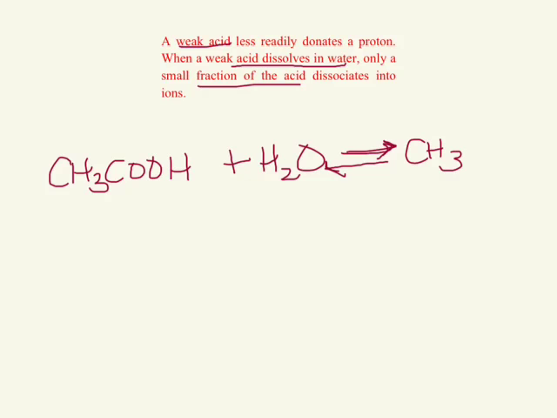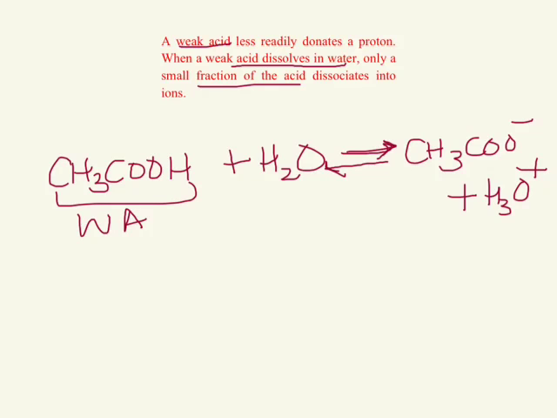Let me completely write down the reaction. CH3COO minus plus H3O plus. So this is a weak acid. Acid forms a conjugate base. So this is a conjugate base. Now, first thing, these two arrows written here show that this is a weak acid, meaning it is not 100% breaking down.